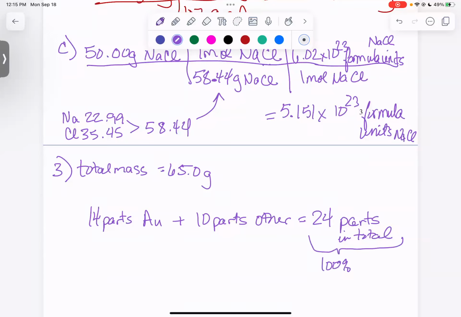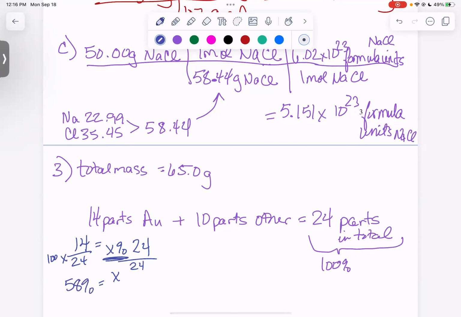That's like the total. So if I want to know how much is gold, I would say 14 is equal to some percent of 24. So if I solve for x, just divide by 24 and then multiply by 100, right? Then what you're going to get is 58% of your total is going to be gold.